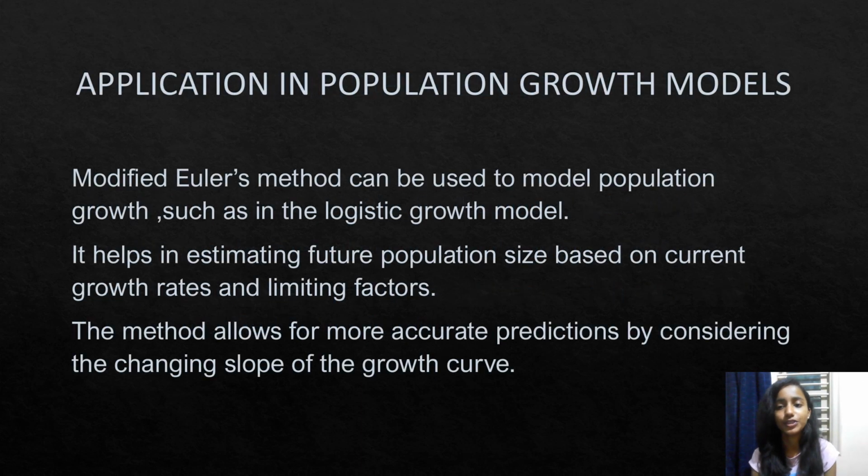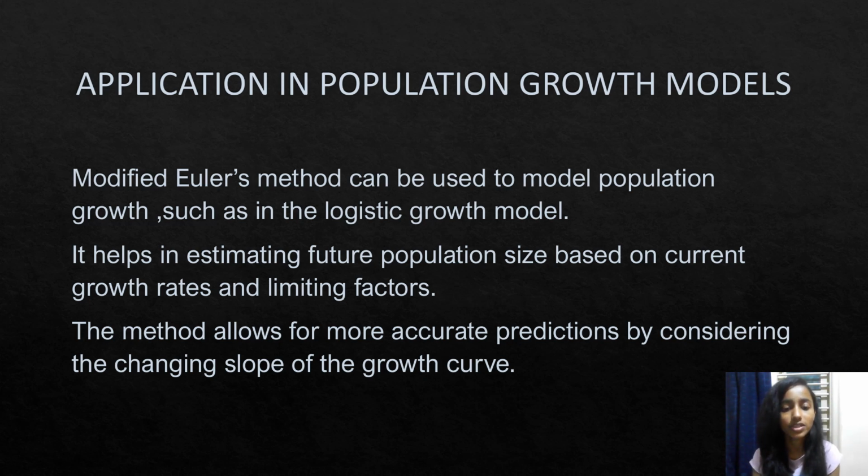Application in population growth models. This method improves upon the original Euler's method by using a midpoint approximation for the derivative. In population growth models, the rate of change is often described by differential equation dp by dt is equal to f of t comma p, where p represents the population size and f of t comma p is the growth function.